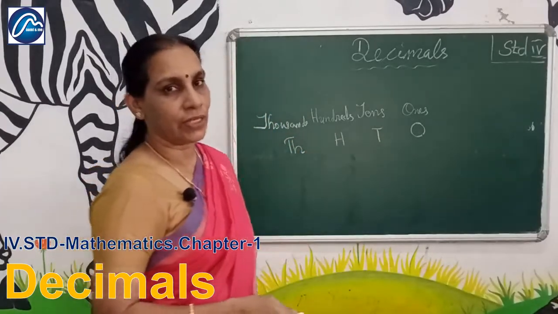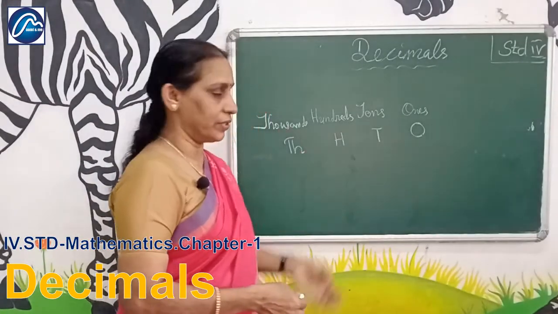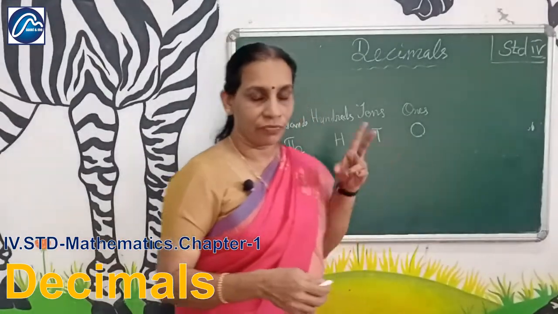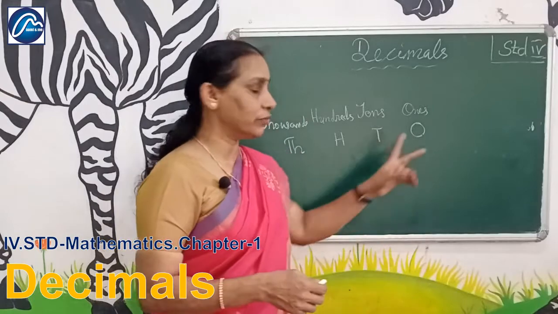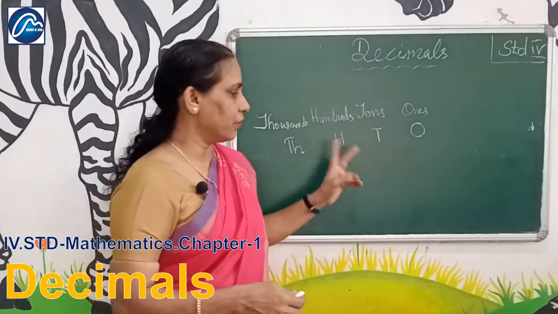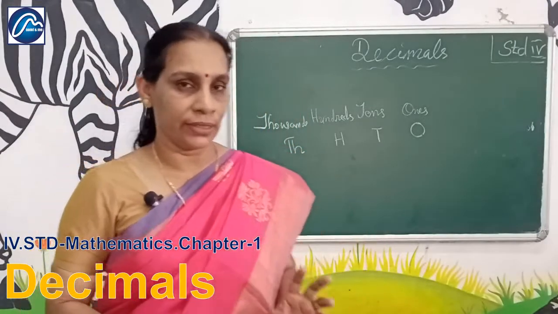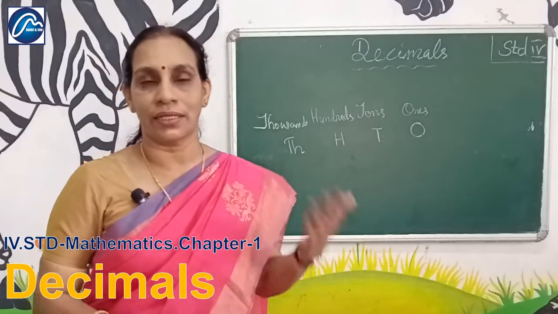These are the place values when you are writing from right to left. Every number will have ones. If there are 2 digits, that number will have 2 places, that means ones and tens. If there are 3 digits, it goes up to hundreds, then thousand, then 10,000, lakh, 10 lakh, like that.